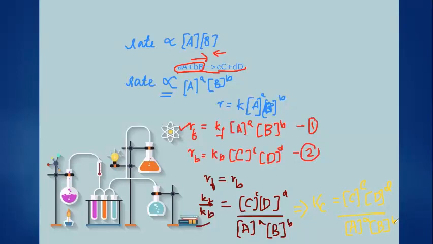At a given temperature, the product of the concentration of reaction products, not to confuse between the term products like the multiplication product and the products in the equation, so we're going to say reaction products, the product of concentration of the reaction products raised to a power equal to its stoichiometric coefficient in the balanced chemical equation, divided by the product of concentration of reactants raised to a power equal to its stoichiometric coefficient, is equal to a constant K. This constant here is called the equilibrium constant. So this is how we derive it.